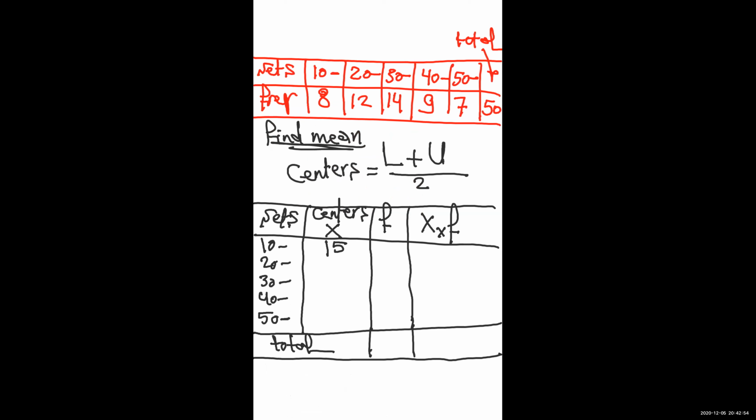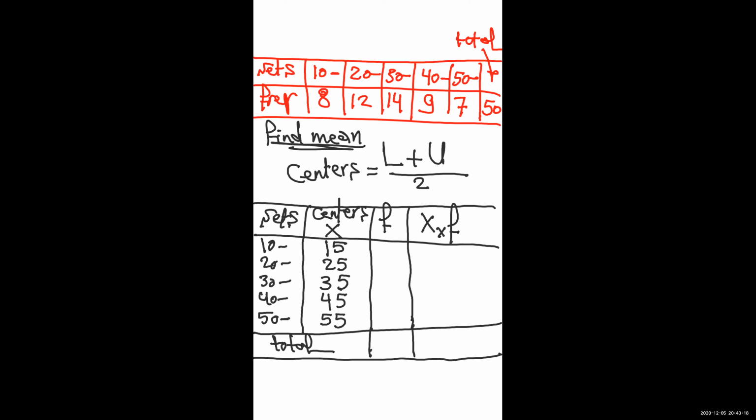Then the next one, 20 plus 30, 50 divided by 2, so 25. Then 30 plus 40, 70 divided by 2, then 35, and so on. The next is 45, and then the last one will be 55.